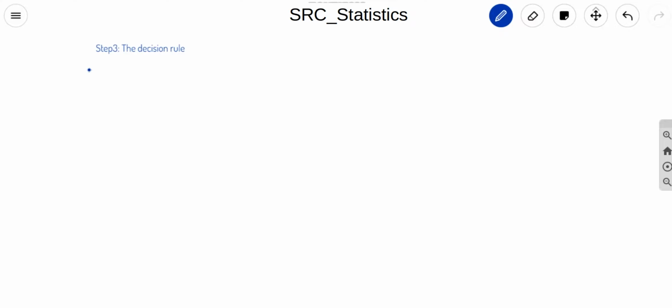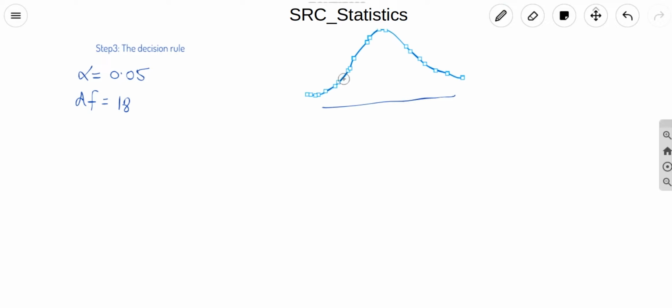So at alpha equal to 0.05, we have to find out the critical value. Degrees of freedom was calculated earlier, that was 18. This is a left tail test because the alternative hypothesis is left directional. So the critical region will be at the left side of the graph.